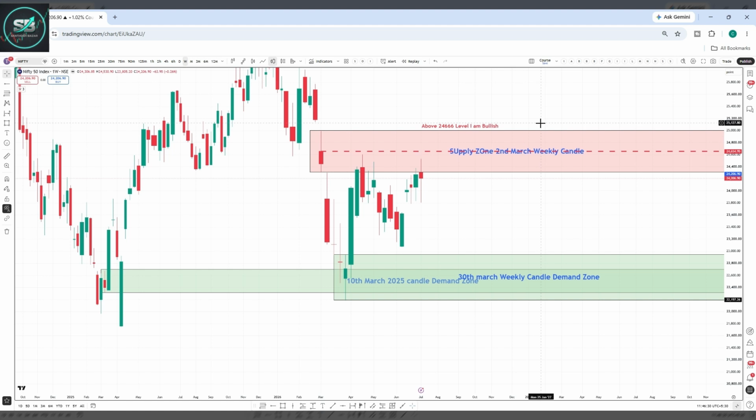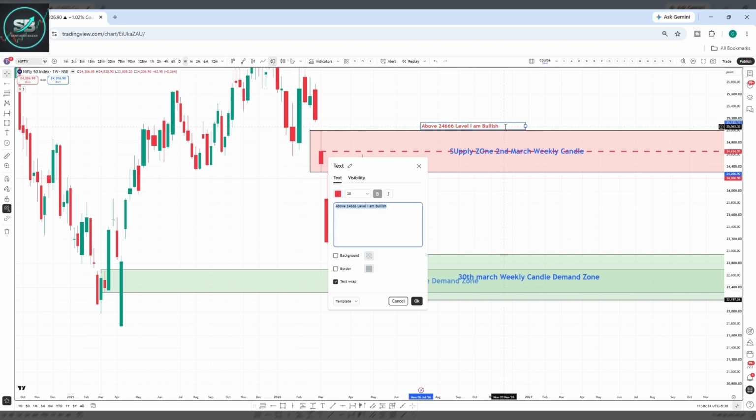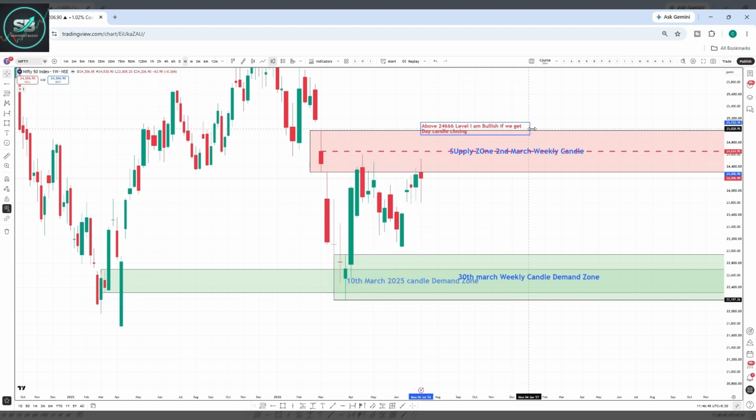Till the market is not closing above this level, if we get a day candle closing above the 24,666 level, I am bullish, or else I am bearish as of now in Nifty.